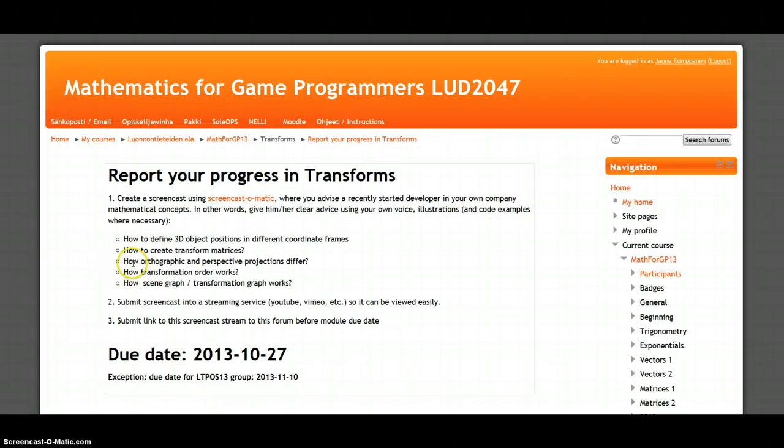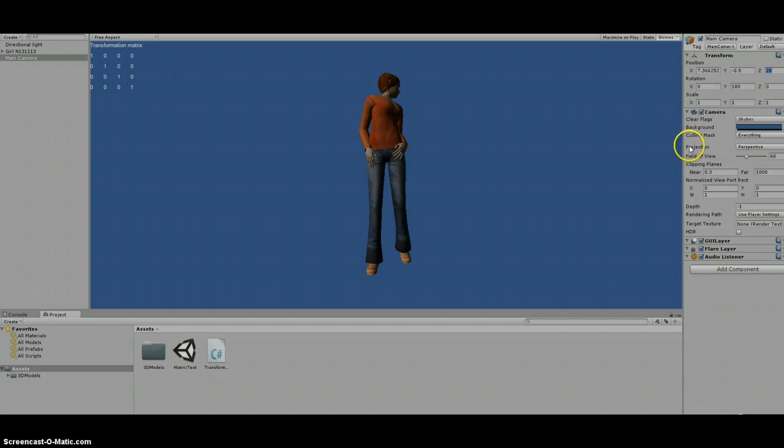Next I will demonstrate by using Unity the difference between orthographic and perspective projections. Here we have this projection setting in the main camera. It's set to perspective at the moment, and we have the viewing distance. Perspective has the point of view, meaning the point from which we are viewing, and the viewing distance also.